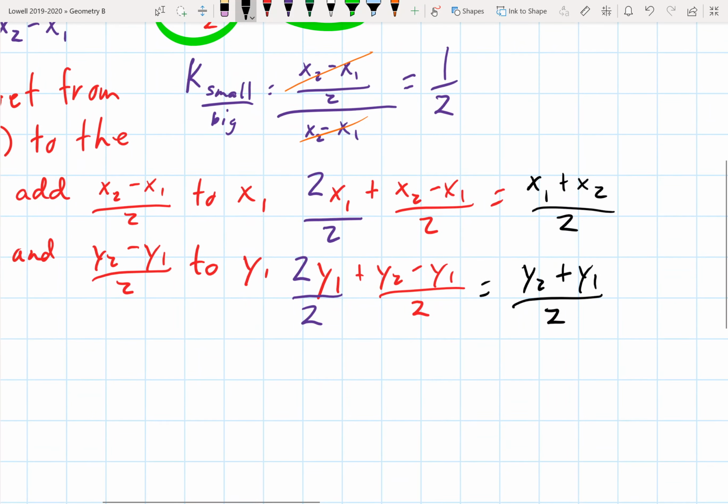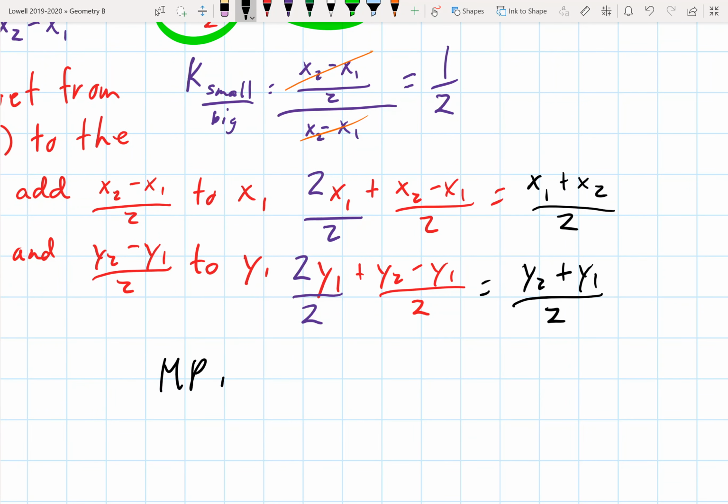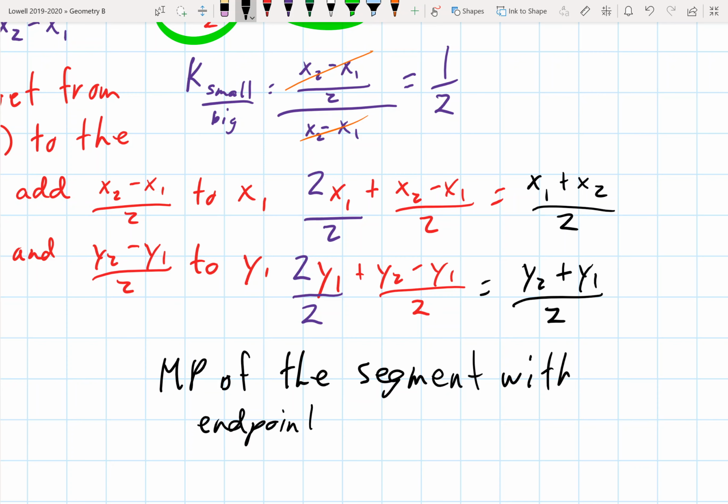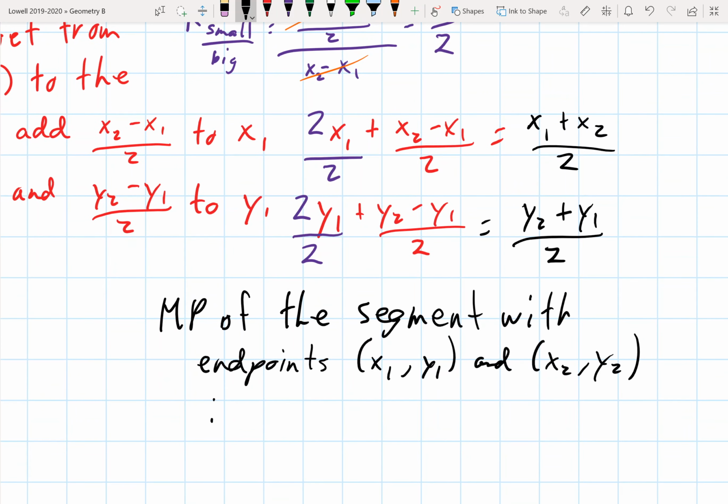So the midpoint of the segment with endpoints x1, y1 and x2, y2 is this point: x1 plus x2 over 2, comma, y1 plus y2 over 2.